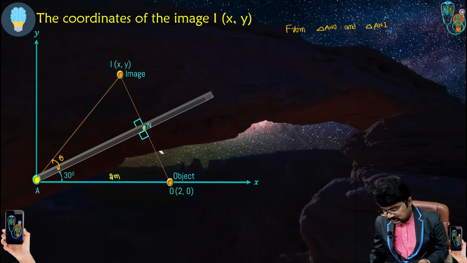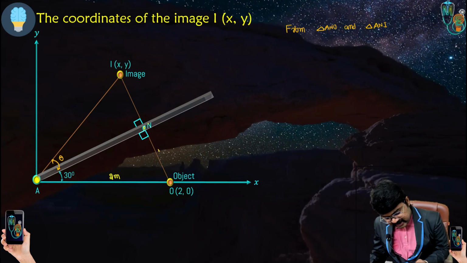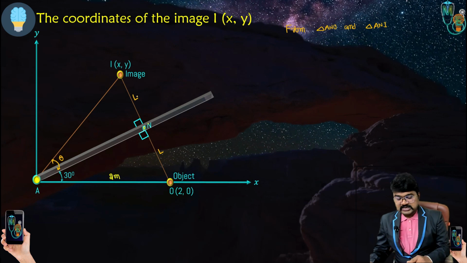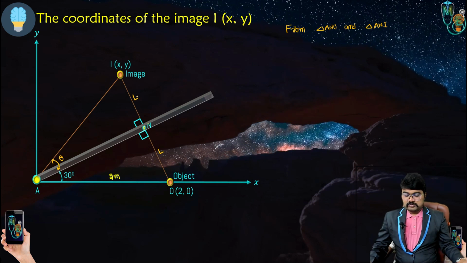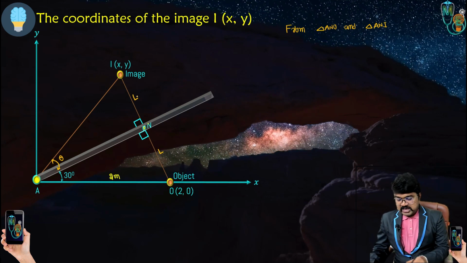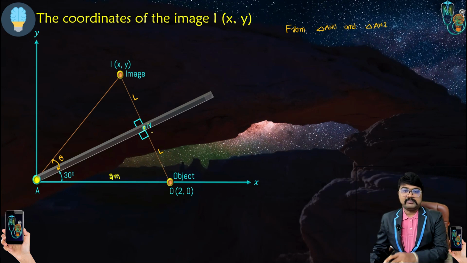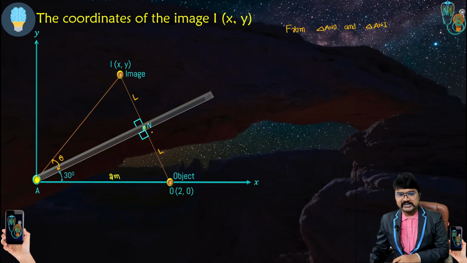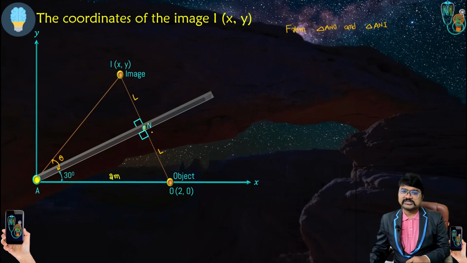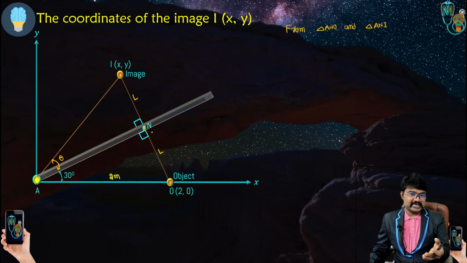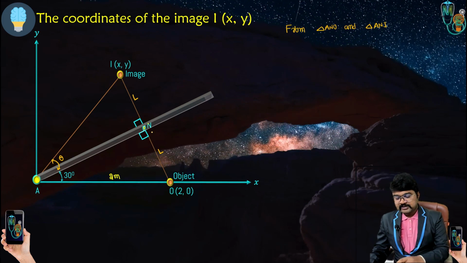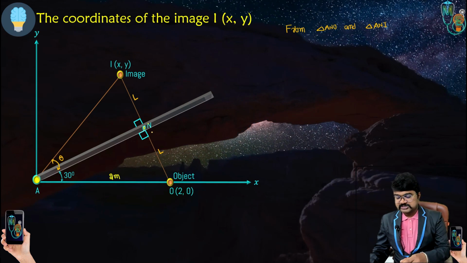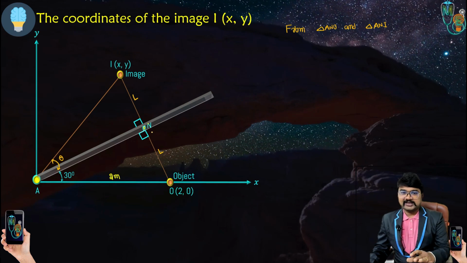We know that this would be L, the same distance. We already proved it in the last class. So the distances are the same. AN is the common side between these two triangles. So you can directly say it is 30 degrees because these two triangles are exactly the same. Triangle ANO is a mirror image of ANI.